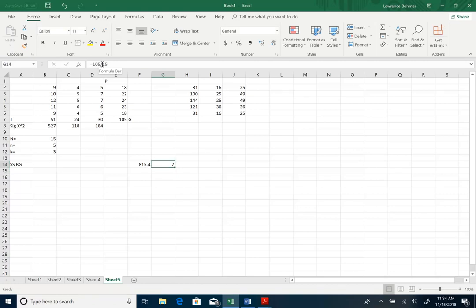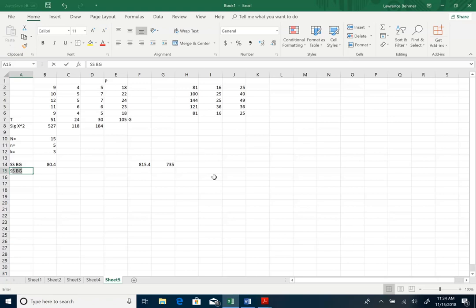It's 105 squared. There we go. Then I would write this out and put the answer underneath it. And then for sum of squares between groups, we're going to go 815.4 minus 735, and that's going to give us a sum of squares between groups of 80.4.